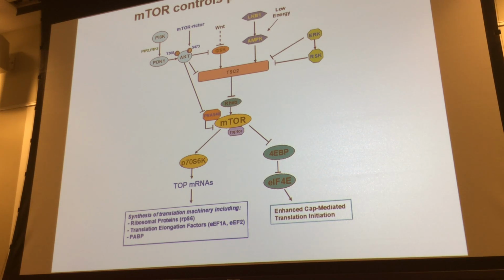Now, how does mTOR control protein synthesis? As you can tell here, I put a rough outline, so you can almost tell this is mTORC1. mTOR controls protein synthesis through two of the most well-established downstream targets. One is called P70 S6 kinase, the other is called 4E-BP.